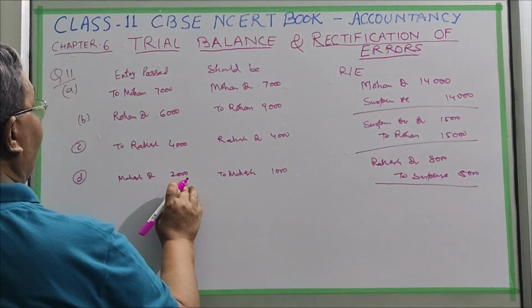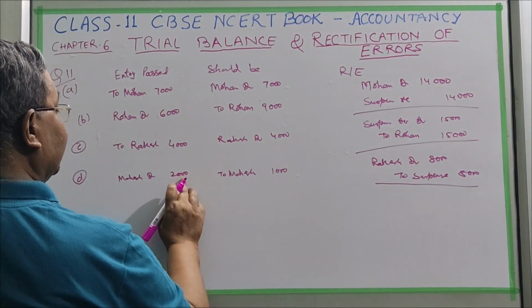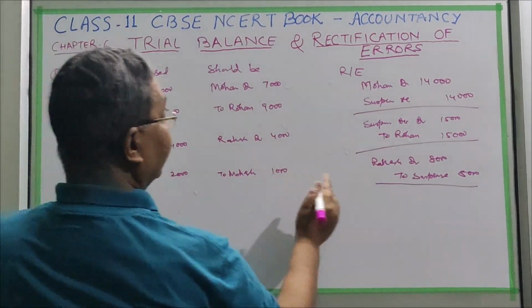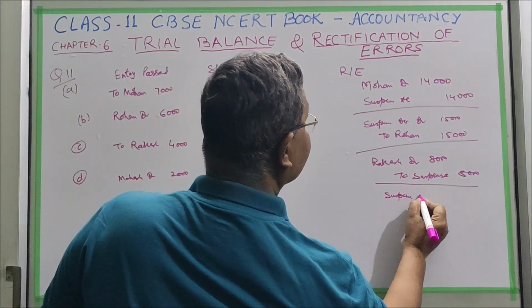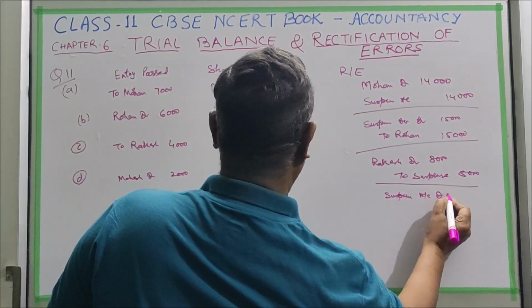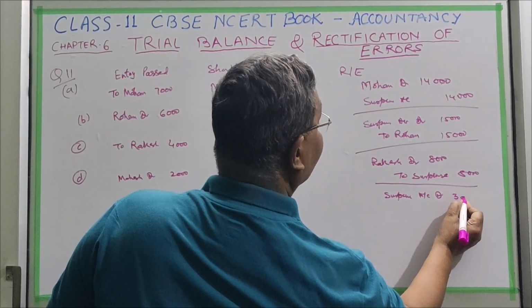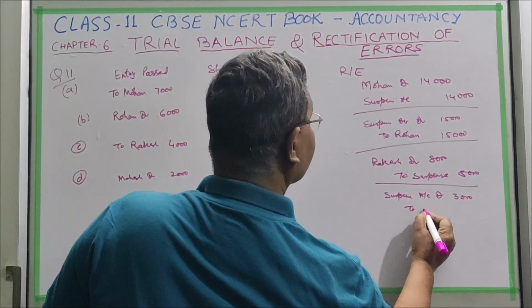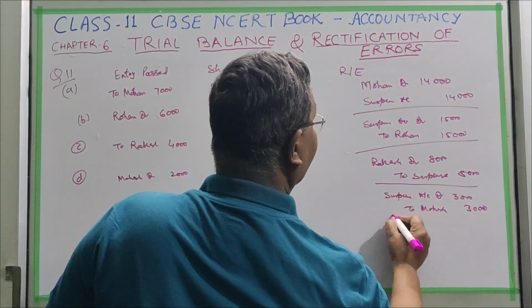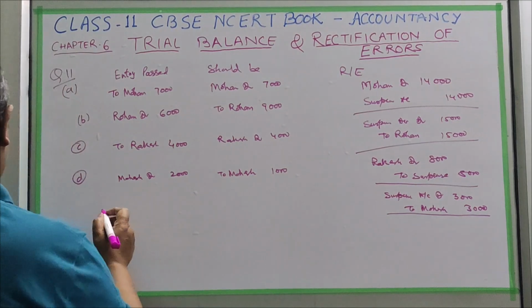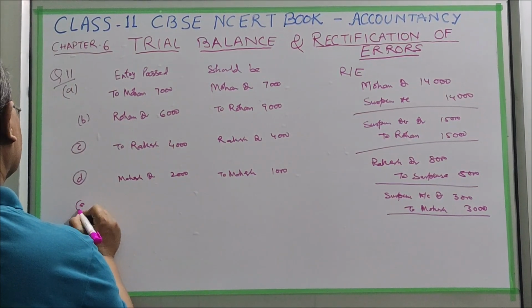So this is wrong debit. You have to give credit for it and credit for it. So to suspense account debit 3,000 and to Mahesh. This entry C, D and E.